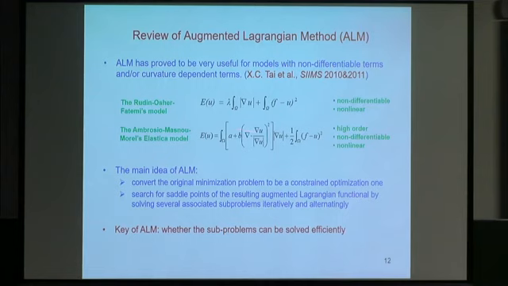Let's first focus on the Rudin-Osher-Fatemi model. It is non-differentiable and nonlinear. If we are going to use the Euler-Lagrange equation to solve it, because it is non-differentiable, we have to use a revised version to approximate it, which means it is not that accurate.